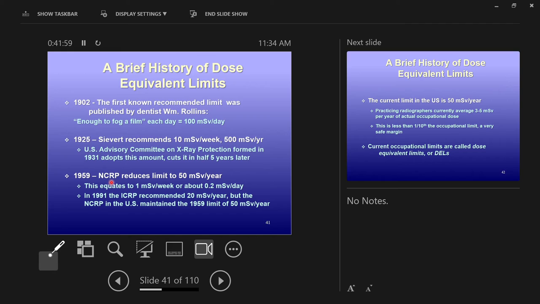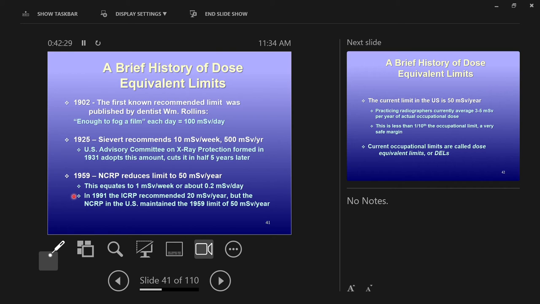They're going to become very important to us as we go through our radiation safety module, this federal level organization or council. Their recommendation is to reduce to 50 millisievert per year, which is a significant reduction, right? It's 10 times less radiation than only roughly 30 years earlier. This came out to about 1 millisievert per week, 0.2 millisieverts roughly per day.